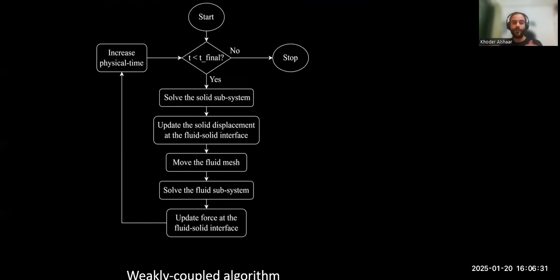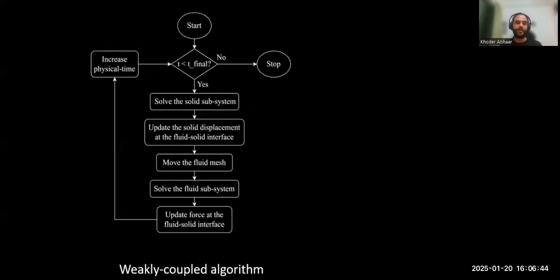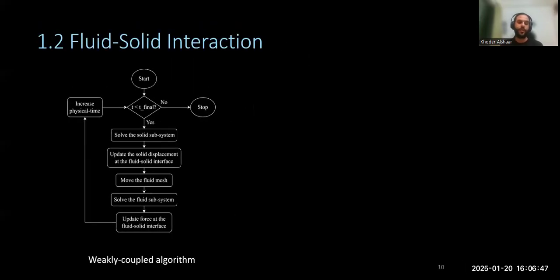After that, it solves the fluid subsystem, and then it takes the forces from the fluid system that are affecting the solid interface and transfers them, and then it continues in the loop. So this is called weak coupled algorithm because it solves each subsystem separately and does not concern itself about the accuracy of what's going on here.